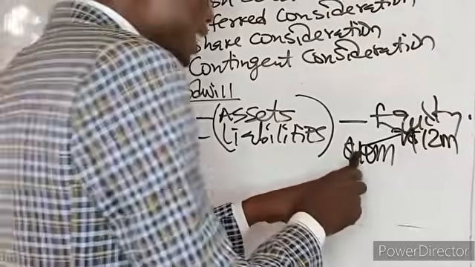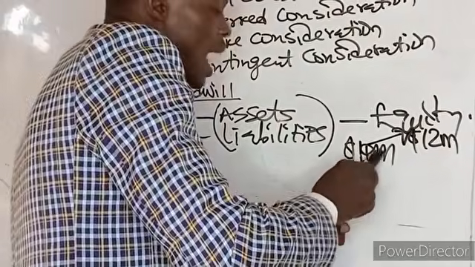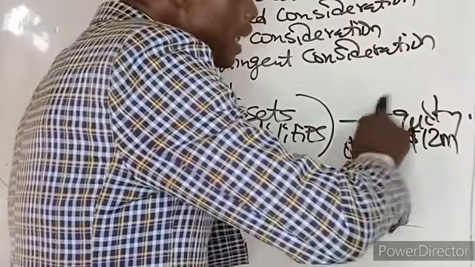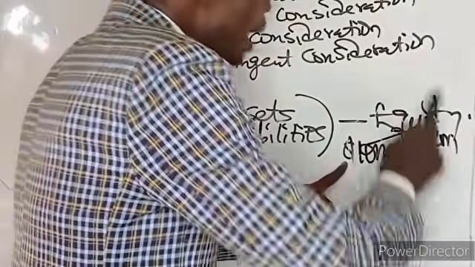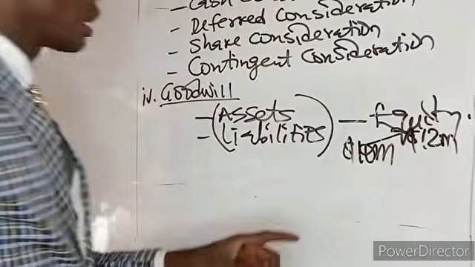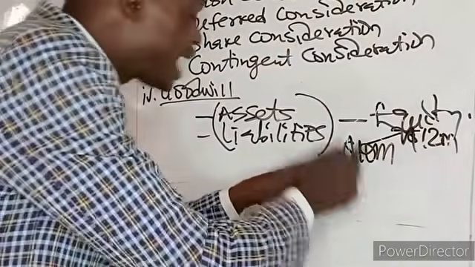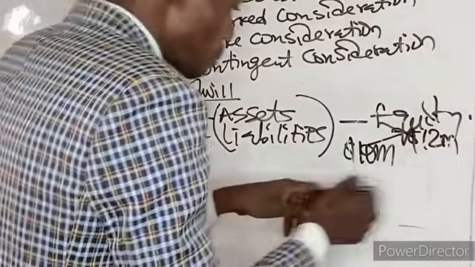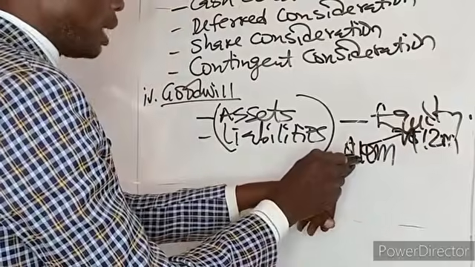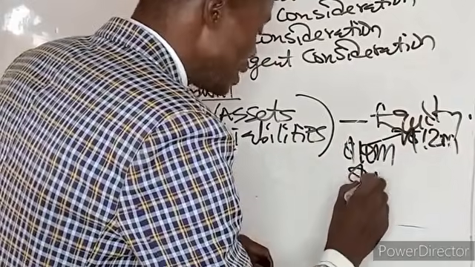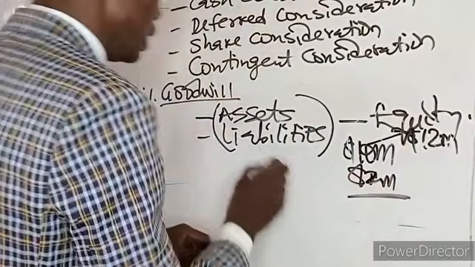The equity acquired is actually worth 10 million, and the price paid by the parent company to acquire such equity is 12 million. The price paid is more than the worth of that equity. By how much? 12 million minus 10 million, which is 2 million. That 2 million is goodwill.